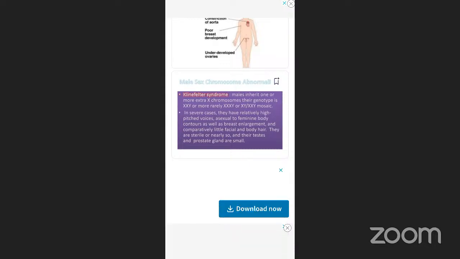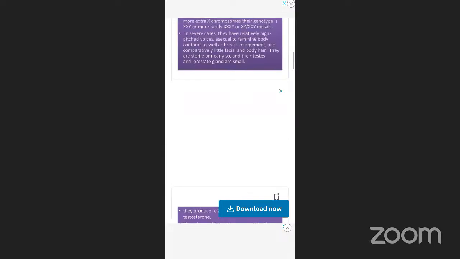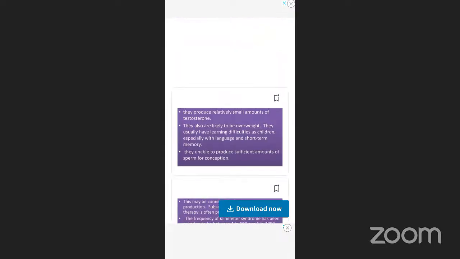In such cases, they have a relatively high-pitched voice, feminine body contours, as well as breast enlargement and comparatively little facial and body hair. They are sterile or nearly so, and the testes and prostate gland are small. They produce relatively small amounts of testosterone.